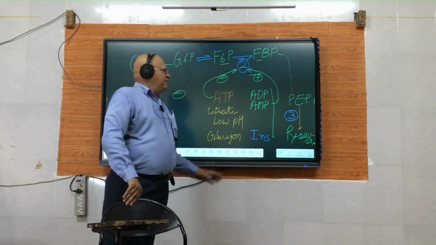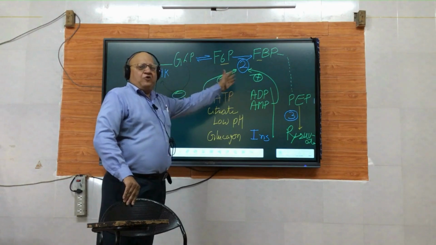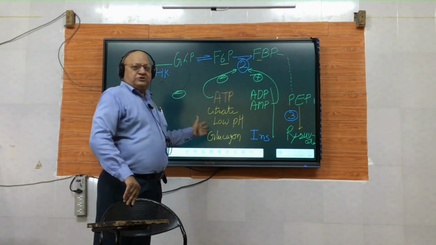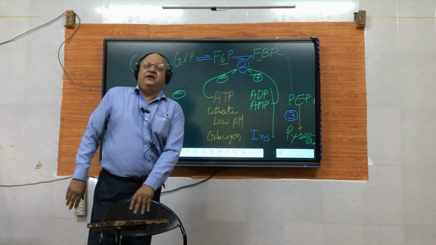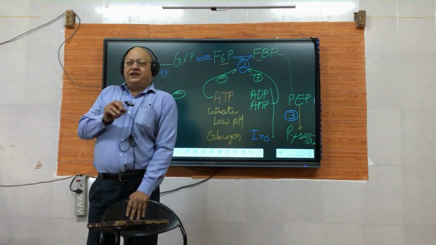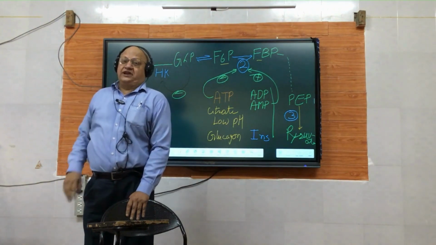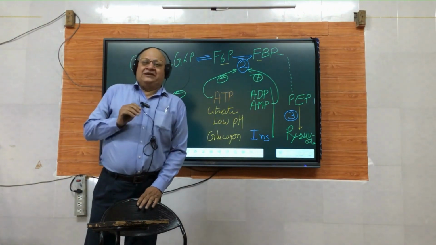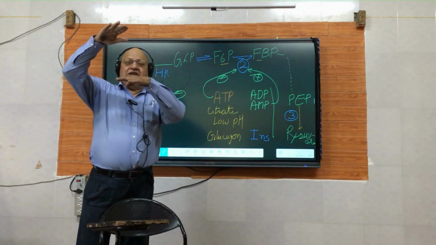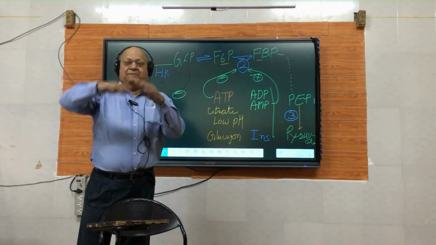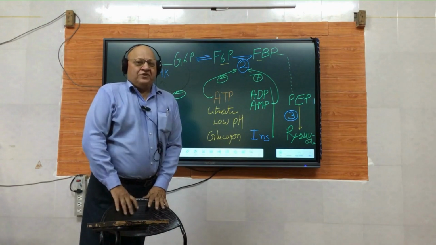So many fuels are already available, so there is no need for glycolysis to proceed fast. And one more thing, citrate, the first intermediate of the TCA cycle, inhibits the most important regulatory enzyme of glycolysis. As a result, glycolysis and the TCA cycle keep pace with each other.